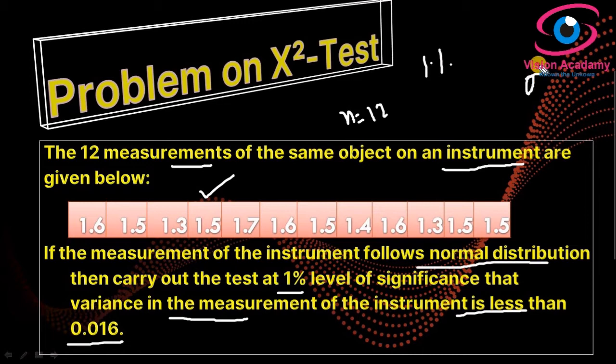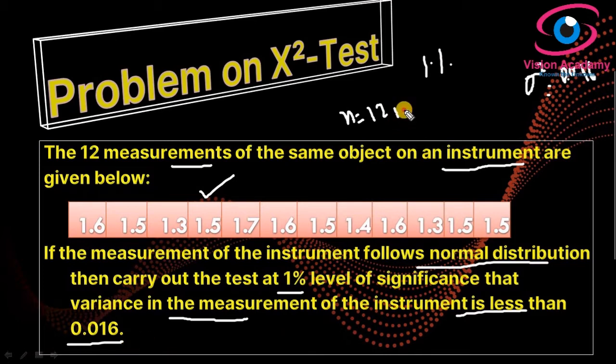So population variance is equal to 0.016, and the sample, we have 12 samples. So for these 12 samples, we have to test at 1% level of significance, keeping in mind that variance in the measurement of the instrument is less than 0.016.